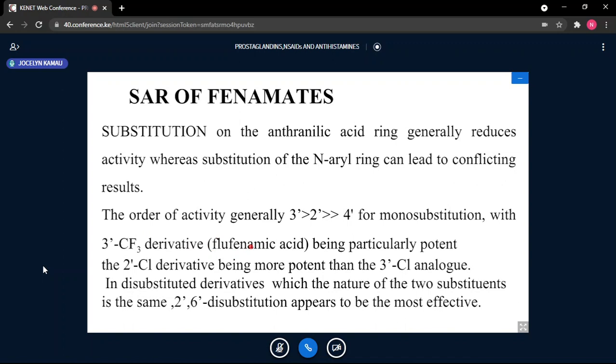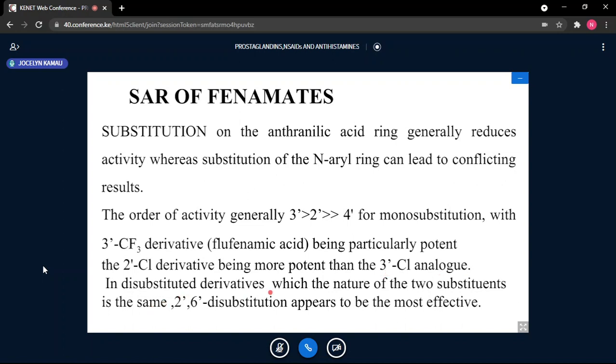But that's why we said there are conflicting results, that the 2' chloro derivative is more potent than the 3' chloro analog. So you can see this is where we are saying there is conflict. 3' trifluoro is more active. Generally 3' is greater than 2', but when you come to chloro, you find that the 2' chloro derivative is more potent than the 3' chloro analog.